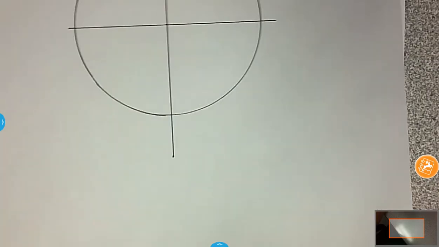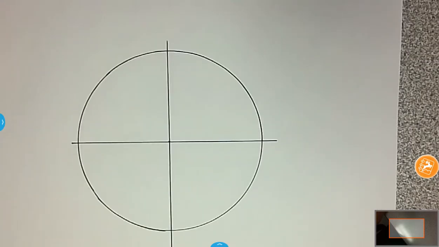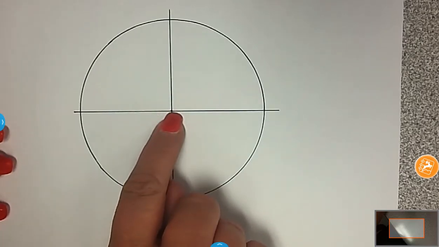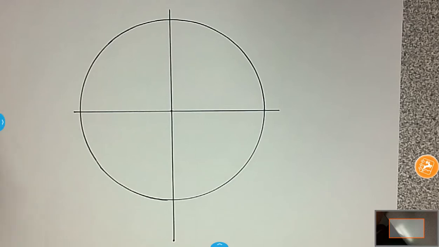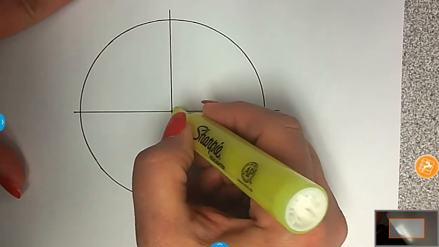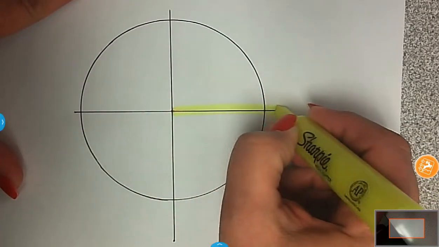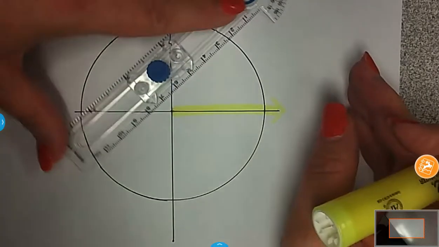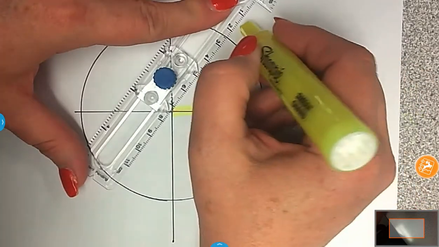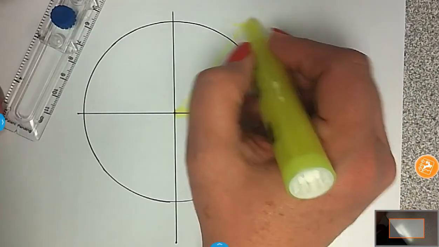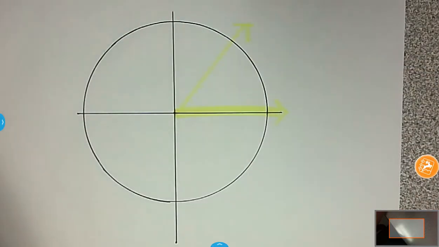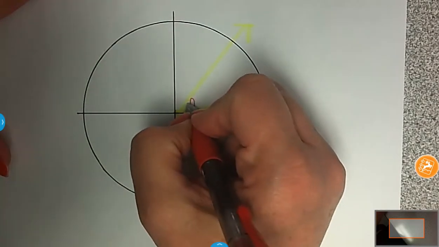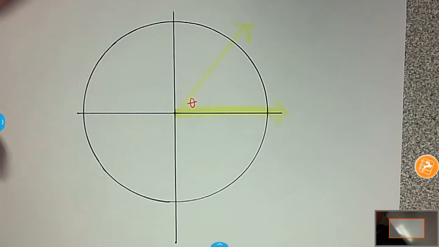Okay, so here I have a circle. It's drawn on a coordinate plane. This is the center of my circle. And if I draw in this angle, and I'm going to draw it in standard position, now when we talk about angle measure, we talk about this measure here.